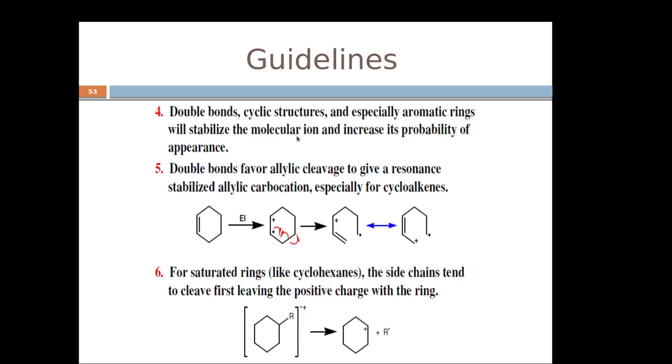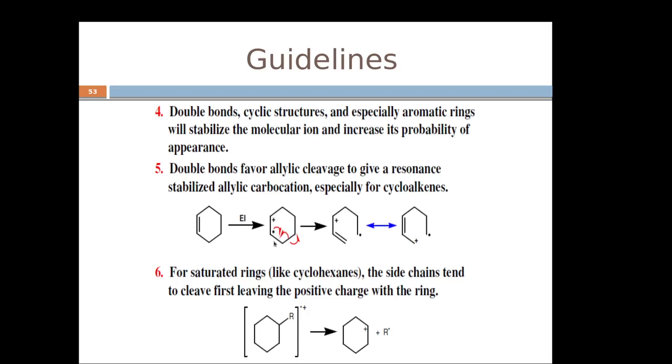Okay, so if the molecule has a double bond, such as in cyclohexene, then the molecule will preferably follow an allylic type cleavage, forming an allyl carbocation. If this cyclohexene is subjected to electron impact ionization, one of the pi bonds will be removed, which forms a cationic character on one of the carbons and a radical character on the second carbon.